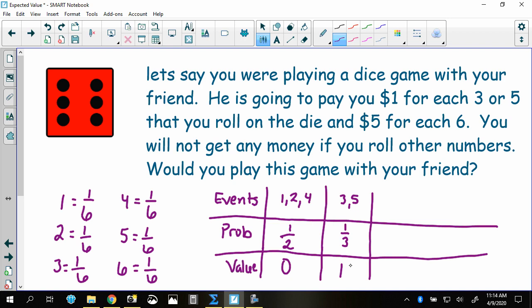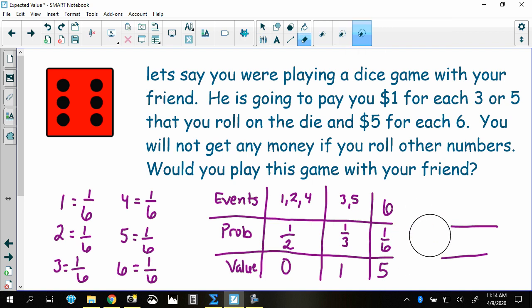So the value would be $1. Now the last one is a 6. So 1/6 chance of getting a 6, but we could win $5 for that one. So if we get a 6, we win $5. If we get a 5 or a 3, we win $1. And if we get the other 3 numbers, we win nothing.